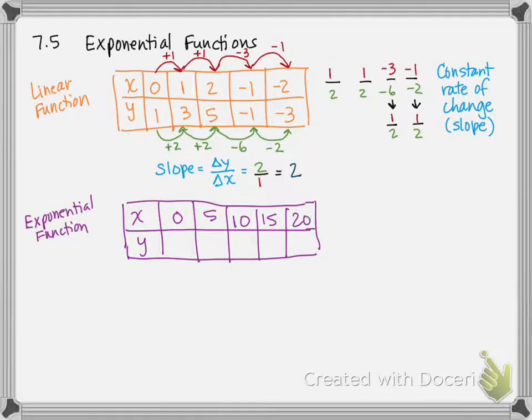Ooh, we actually have one more grouping here, one a little further: 25. And then for the corresponding y values, we have 64, 32, 16, 8, 4, and 2. Okay, so let's look again at our constant rate of change.